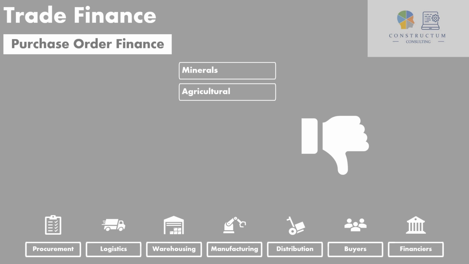Financiers simply do not have the technical expertise to assess the quality of commodities. Some time ago, a trading business wanted purchase order funding for a consignment of grade A iron ore.